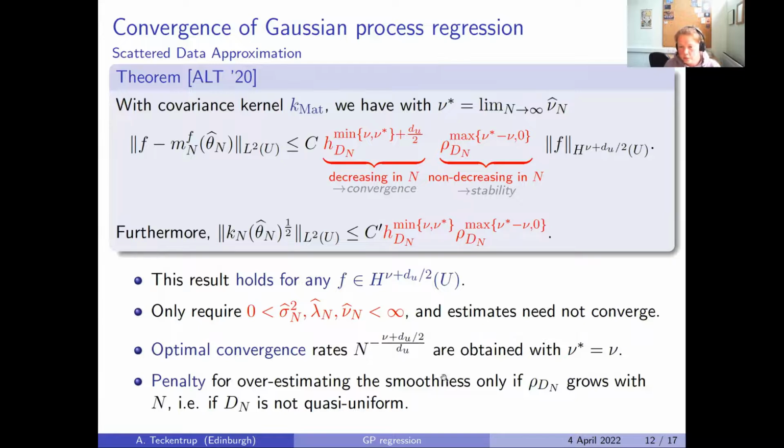Because if you think about it, the estimated smoothness nu hat n is the smoothness that you plug into your prior, and the prior covariance kernel gives the basis functions that you're then using. And so in that case the prior is just too smooth. So if you're overestimating that too much, then you can run into some issues.